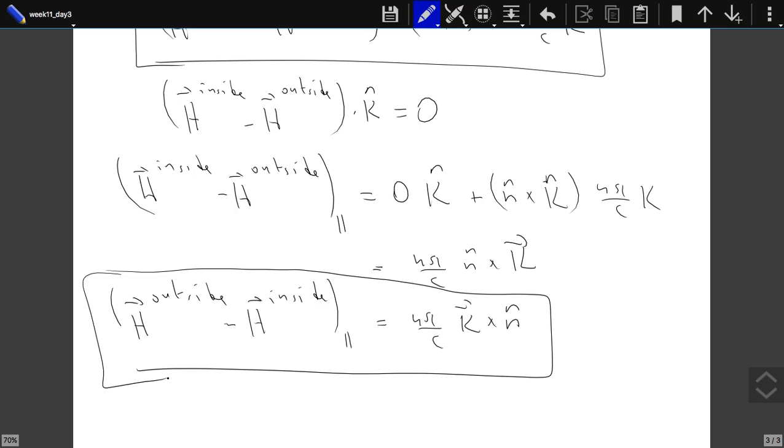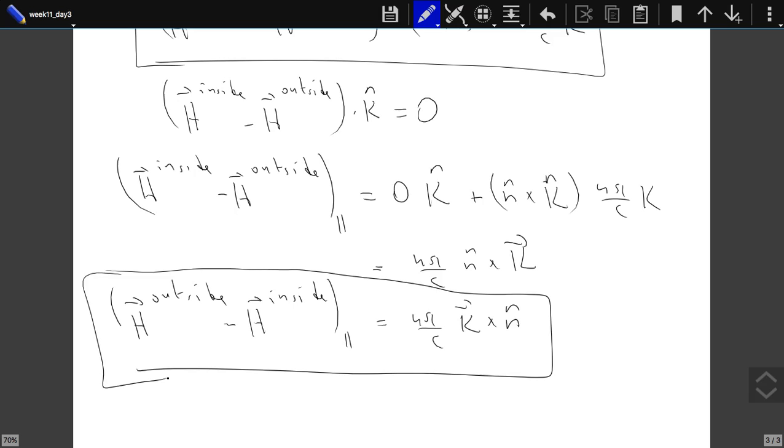Now, in general, for most of the problems, we will not have a surface current. So this will be just 0. The parallel component is also 0. But also we won't have bound current density.